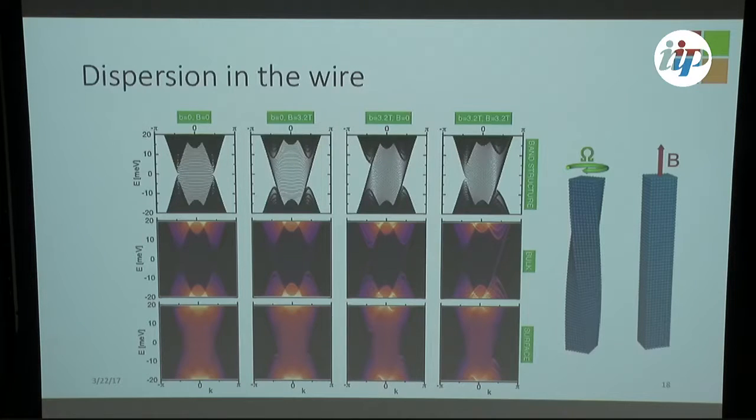Let's look into this picture a bit more. We are starting from the Weyl dispersion, Weyl cones and surface Fermi arcs. Then if we apply a real magnetic field, we get 2 chiral Landau levels in the bulk, but the surface state doesn't change much.